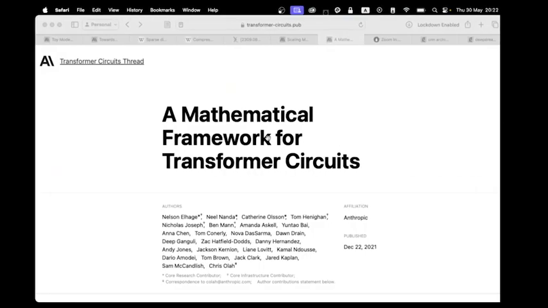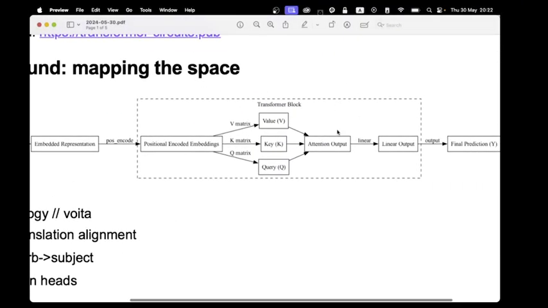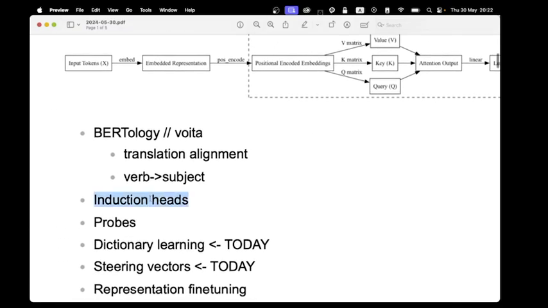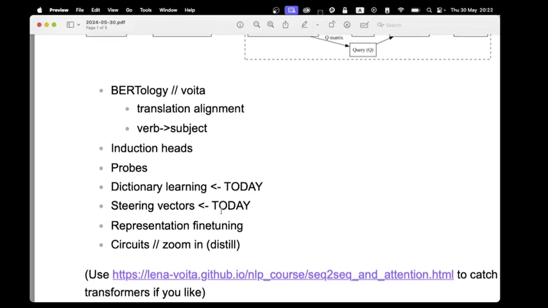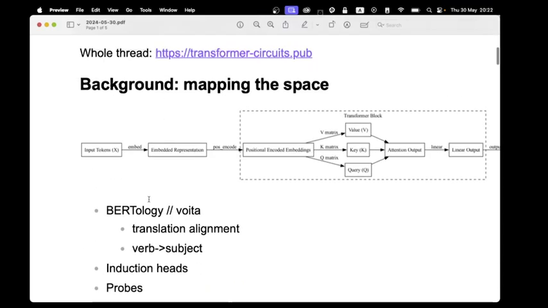Circuits as introduced here work on attention heads, and this is the induction head result. So this is again about seeing a part of the model as something semantically meaningful.